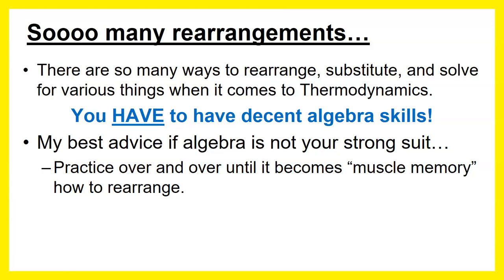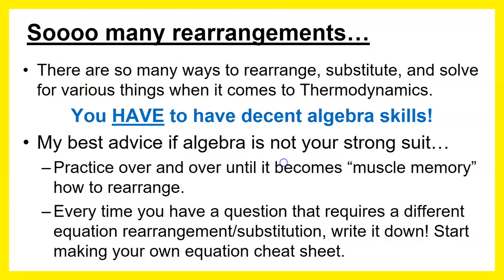One thing you might want to do is every time you come across a rearrangement, you can make a little cheat sheet and you could write it down. I also encourage people to not try to do your algebra in your head. Try to just do it on your paper, right? That can be very helpful if you're struggling with your algebra.